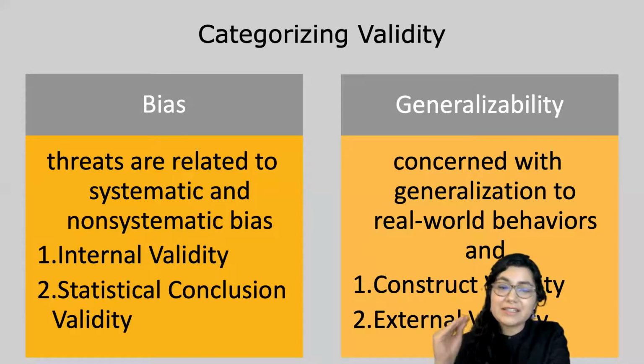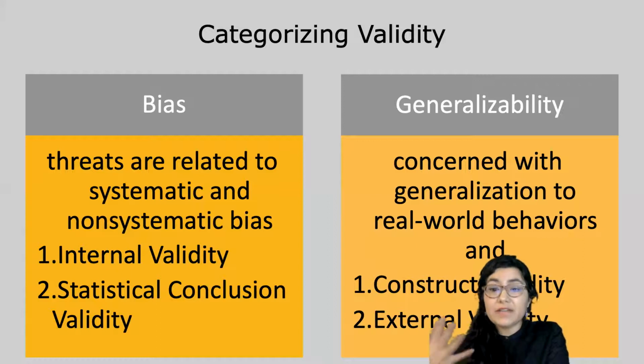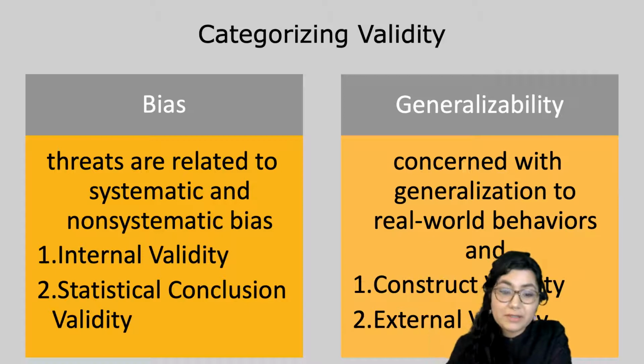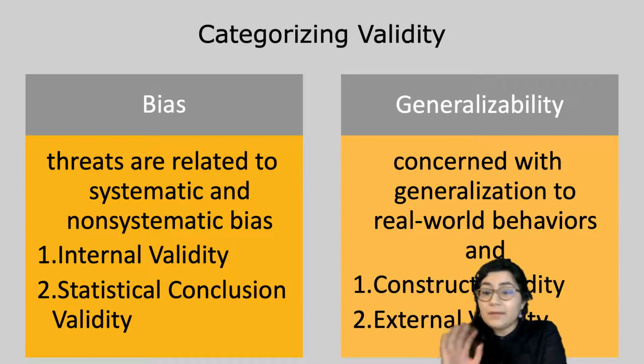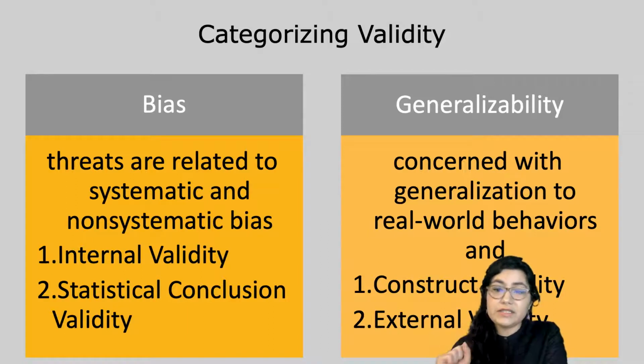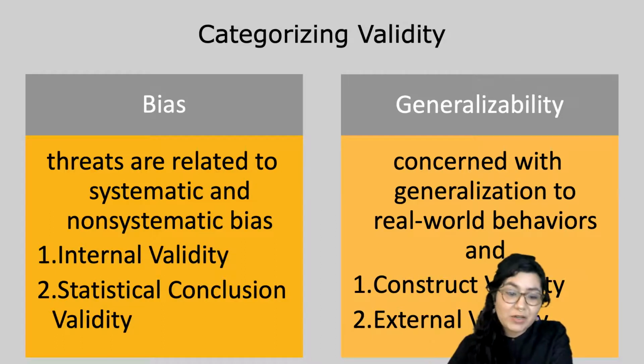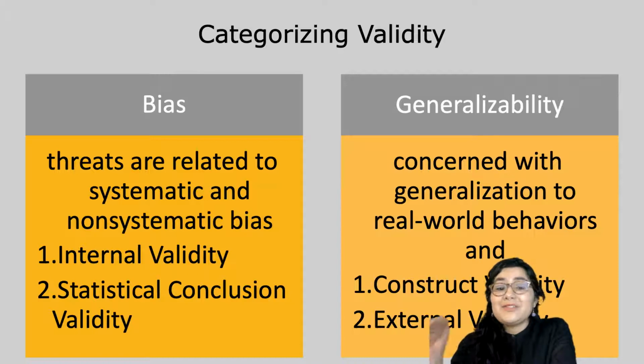So you can't necessarily get rid of that systematic bias, unless you do randomization or something like that. Bias is also when we're perceiving things that are not there, or there are external things influencing our study that we're not aware of, like confounding variables. Internal validity and statistical conclusion validity are in that. And then generalizability is, can we apply this to other real world examples?